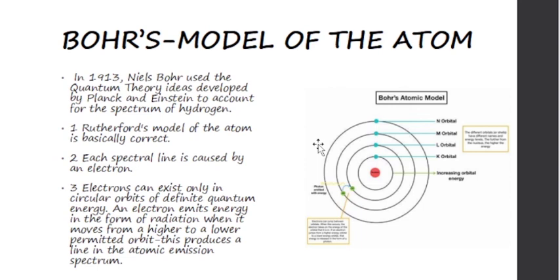Electrons can only exist in circular orbits of definite quantum energy. An electron emits energy in the form of radiation when it moves from a higher to a lower permitted orbit. So this produces a line in the atomic emission spectrum. If you consider this ground state and a higher energy level, when an electron wants to move from up to down, it pushes out energy.